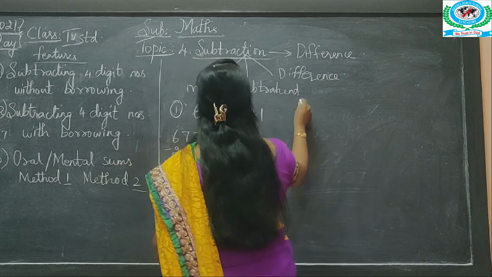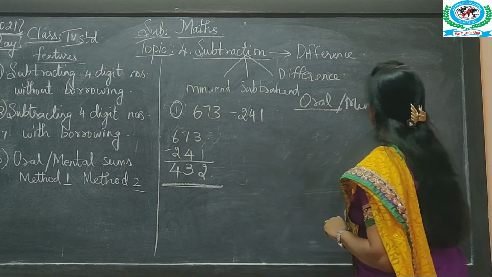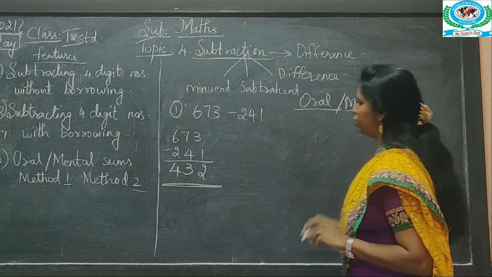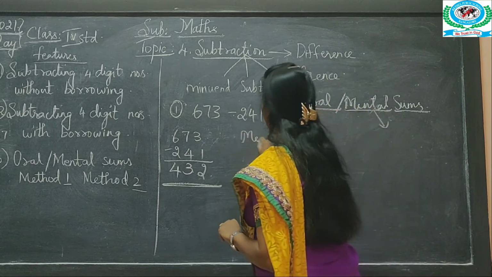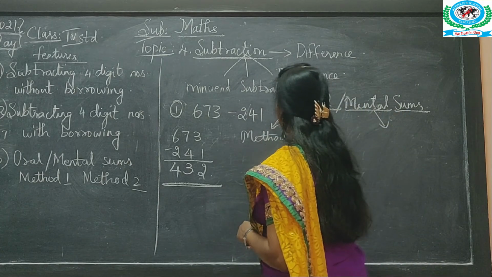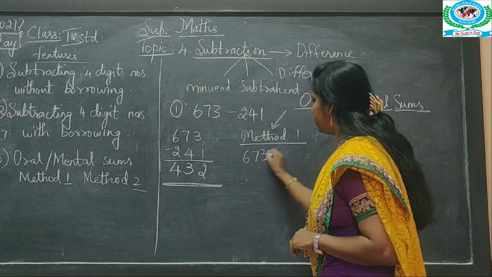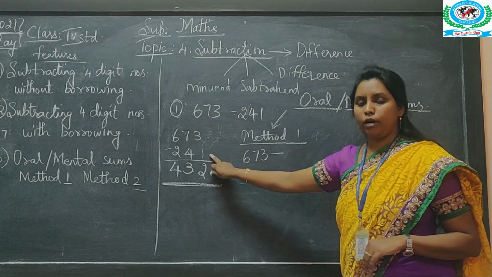So in the oral and mental sums, there are two methods. Okay. Method 1 is 673 minus the subtrahend 241, isn't it?